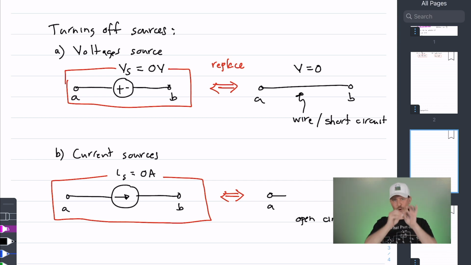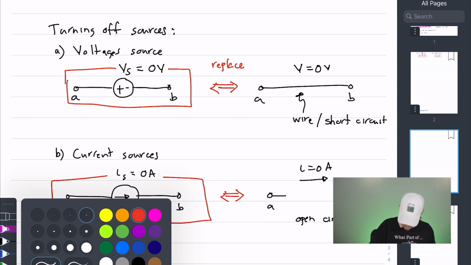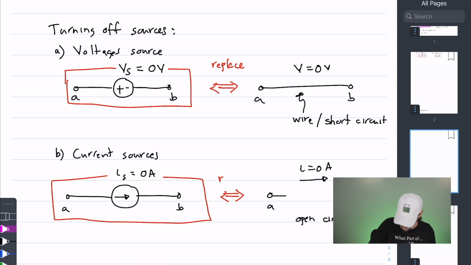If there is no wire connecting terminals A and B, that's an open circuit. This guarantees that the current flowing from terminal A to terminal B, well, that happens to be 0. Right? So anytime we shut off a current source at the terminals, we will replace it with an open circuit.